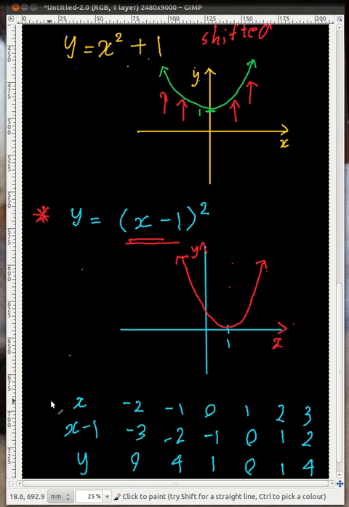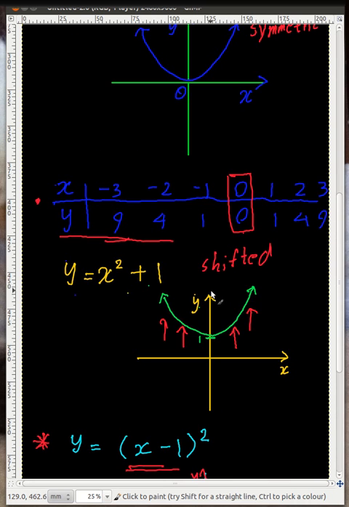So when x is -2, x minus 1 becomes -3, and the entire thing squared becomes 9. Remember, the brackets are around the x minus 1, so it's -3 squared. When x is -1, x minus 1 is -2, and that squared is 4. You should start to see that these values, 9, 4, 1, 0, 1, 4, are exactly the same values that we got up here.